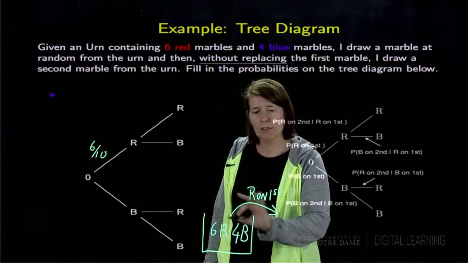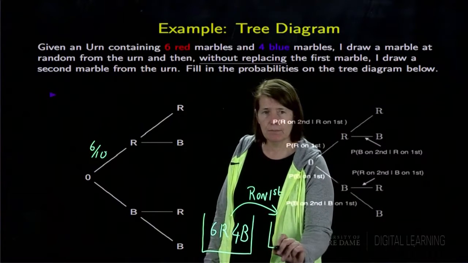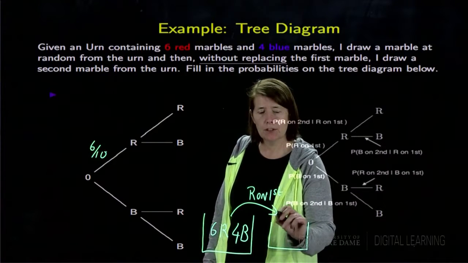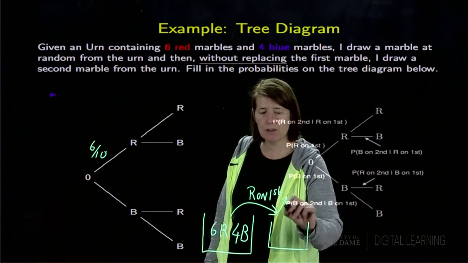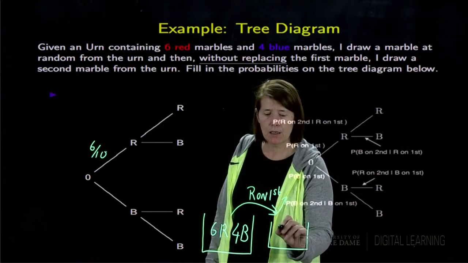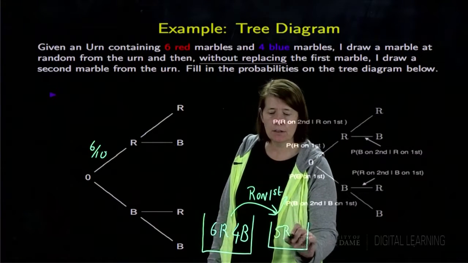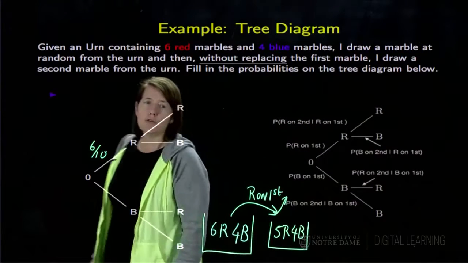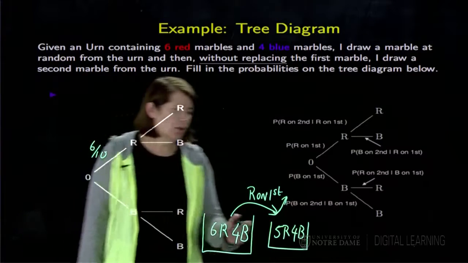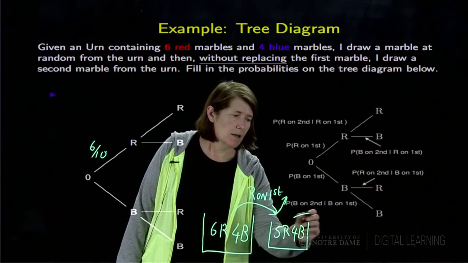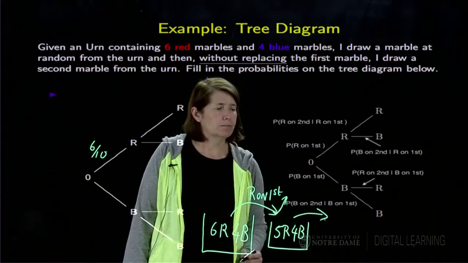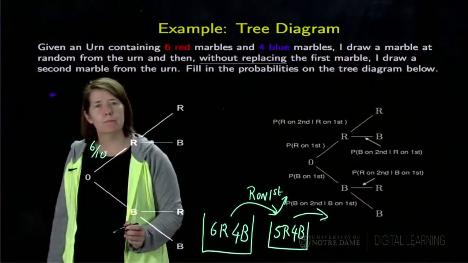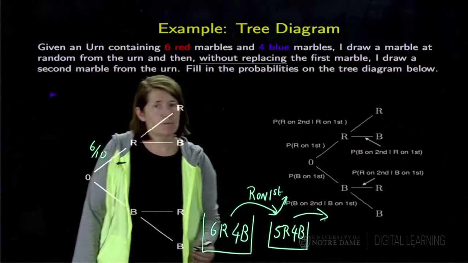Now, I don't put that red marble back in, so the chemistry of what's in the urn changes. That marble doesn't go back in the urn, it goes away, and now I have 5 red and 4 blue marbles in the urn. So now, on the second draw, I take a marble out, and the probability that that's going to be red is going to be 5/9.